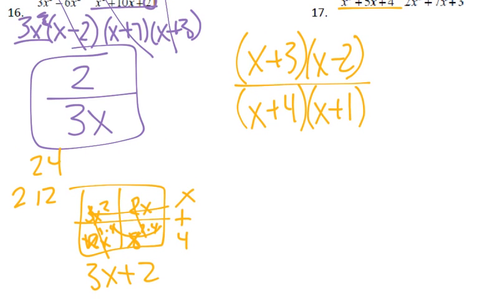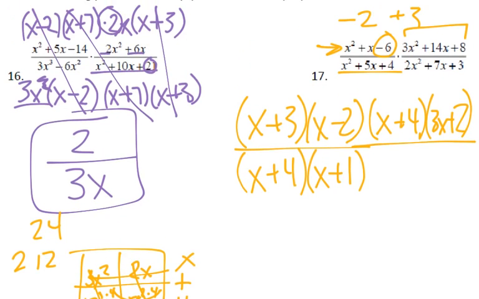So we get x plus 4 and 3x plus 2. Because they're multiplied, I can basically just extend my fraction.